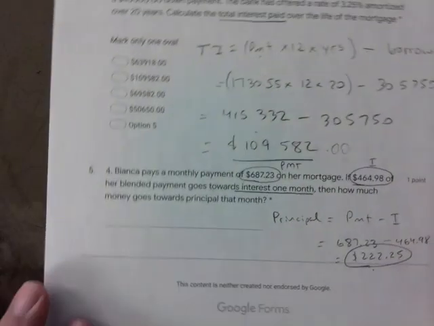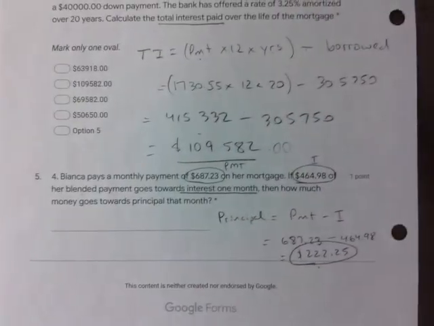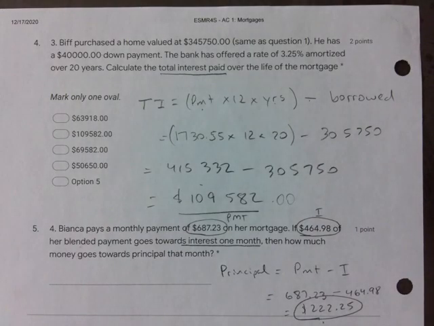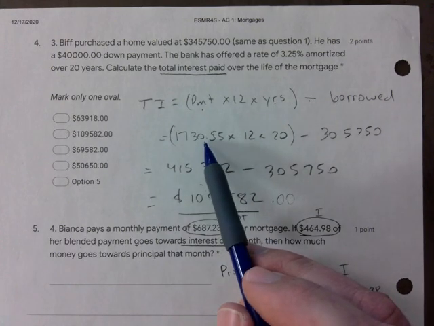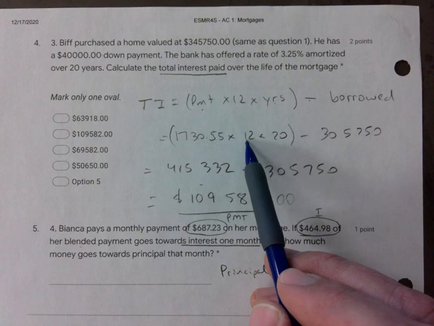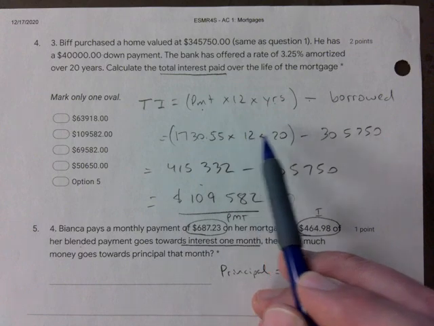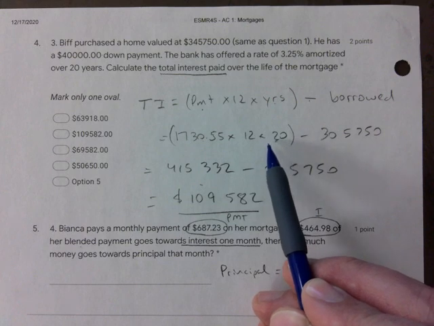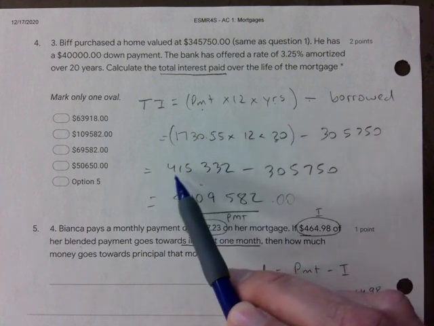Back side, it's asking for the total interest paid over the life of the mortgage. So we multiply the payment by 12 because it's monthly, and in this case it's a 20-year mortgage. So this is how much you pay the bank.